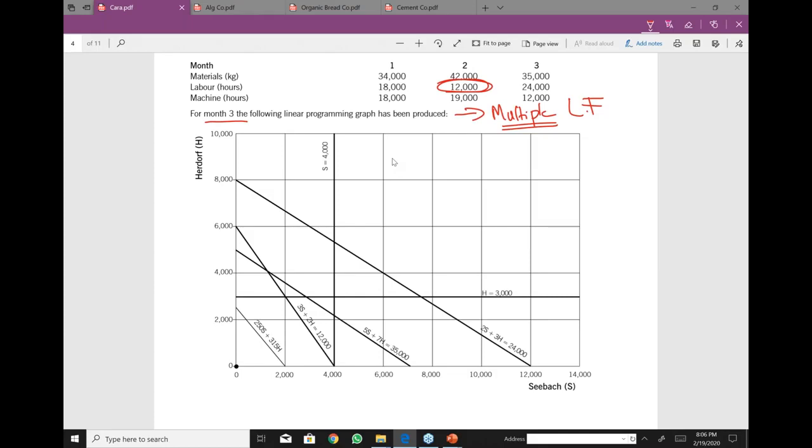So it's definitely a multiple limiting factor situation in month 3. Now, having said that, the graphs will be prepared, and you will be getting the graphs in the paper. So you have to solve the question using the graph, and I just want to teach you that.